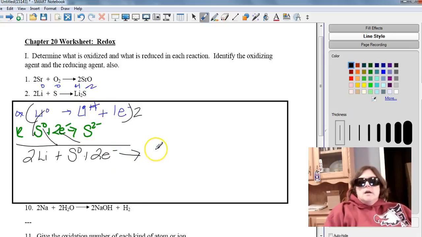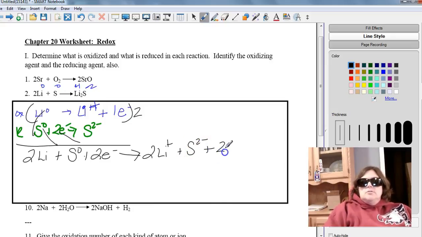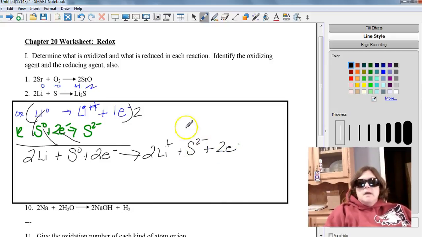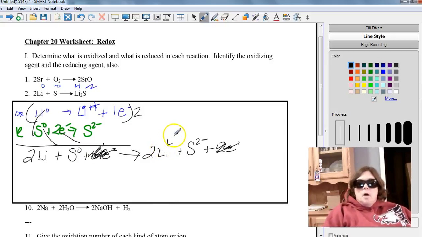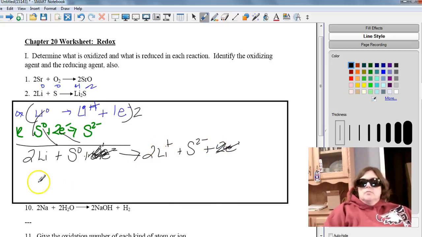On my other side, I have, once again, 2 times 1 is 2 lithiums plus 1 sulfur plus 2 electrons. In math, when we have like terms, we can combine those. In this case, they would cancel out. So the balanced equation is 2 lithiums plus a sulfur gives us 2 lithium ions plus 1 sulfur ion.